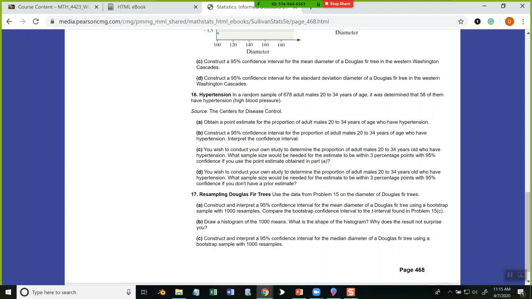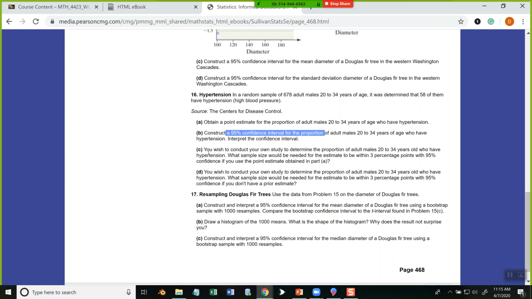Hypertension. In a random sample of 678 adult males, 20 to 34 years of age, it was determined that 58 of them have hypertension. A, ignore. B, construct a confidence interval for the proportion. That tells us 1 prop z at. Is confidence interval for the proportion.